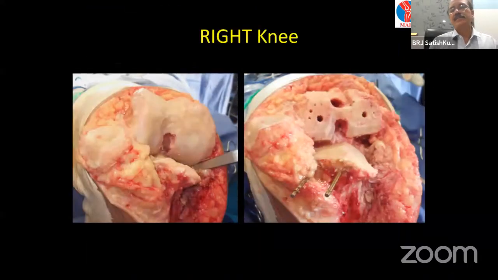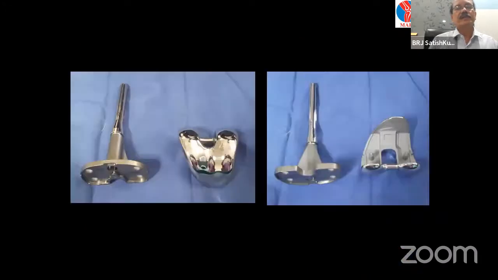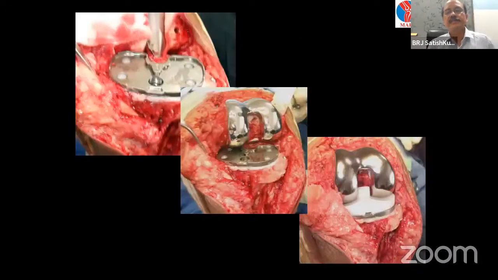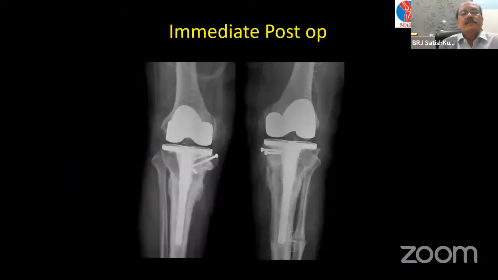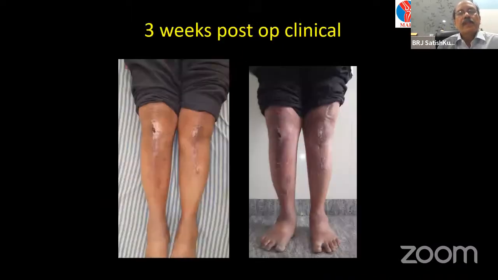And it's the same thing on the right side knee, and you can see the defect, and the same thing, bone grafting has been done, and implantation has been done, and the tibial component has been lateralized, and this is the immediate post-op. This is the lateral view.